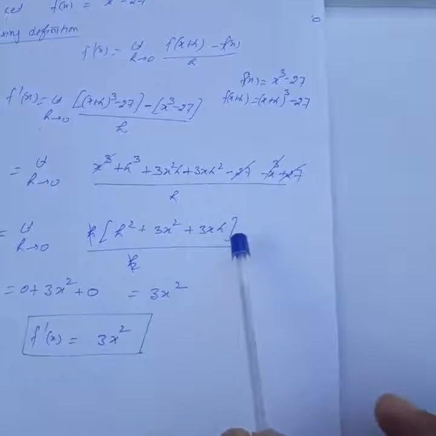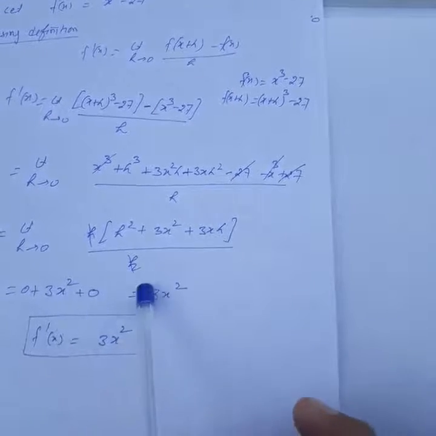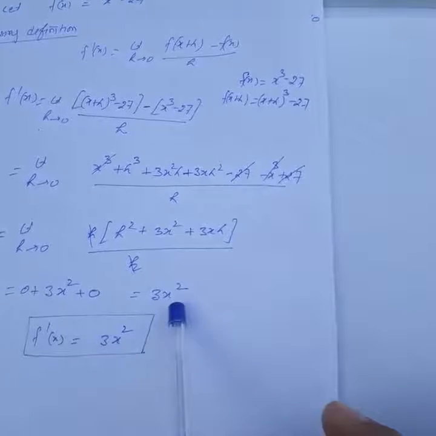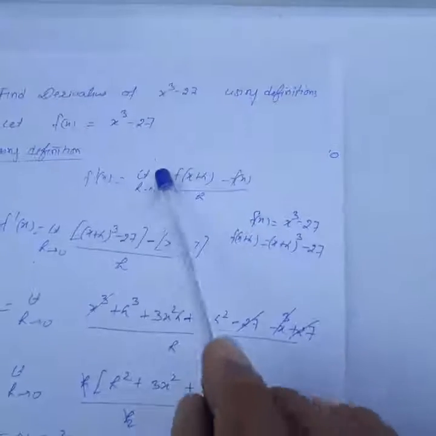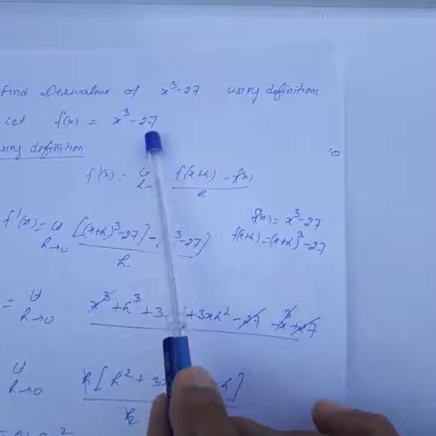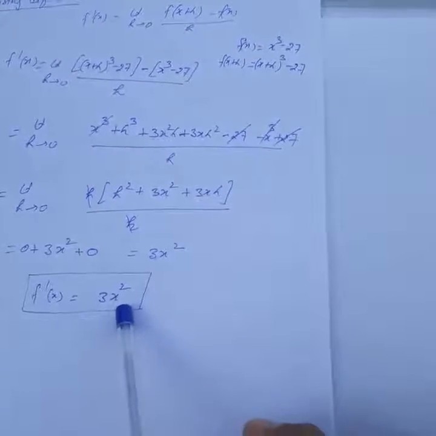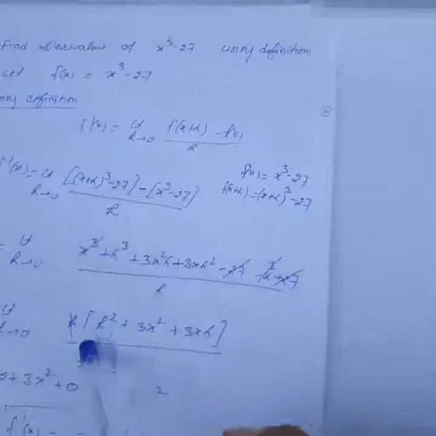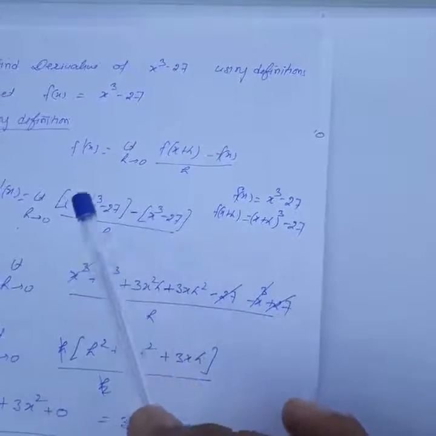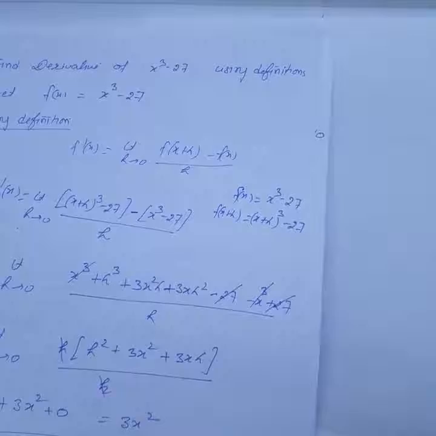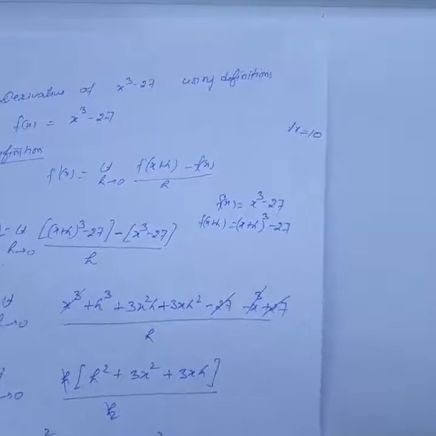Now we are not getting 0 upon 0 form, so we get the answer. It is 3x². So the derivative of x³ − 27 with respect to x will be 3x². So this is the answer. This method is using definition, using first principle. Use this method when these types of words are used in the statement.